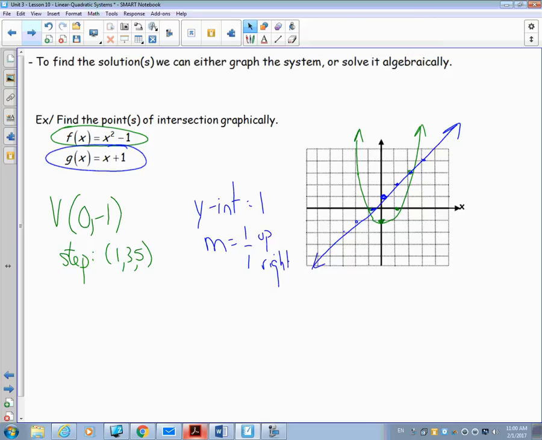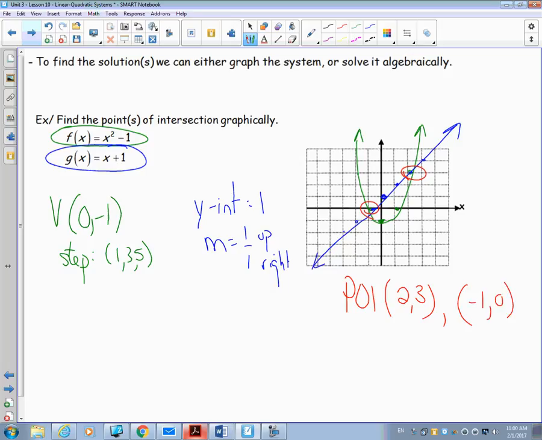The solutions to the system are our points of intersection. And in this case, there's two of them. There's the one here. That's 2 and 3. And it was nice because the dots actually lined up on top of each other. And there was a second one right here at -1 and 0.